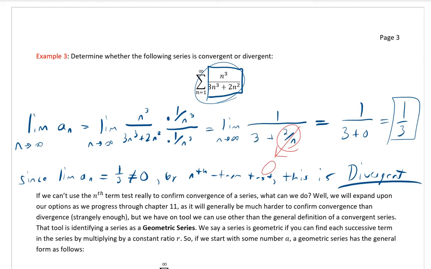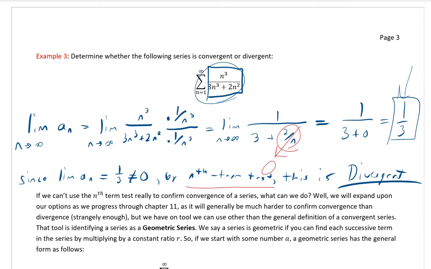What I recommend with these as well is to get used to writing a statement like that. Don't just stop at 1/3 and assume the reader knows what to do from there. You need to show that you can analyze from your answer what this means. And what you should always do as well is cite what rule or test you're using, because, as I said, we're going to have a lot of different tests to look at whether a series is convergent, divergent, etc. So make sure you always cite what test you're working with.